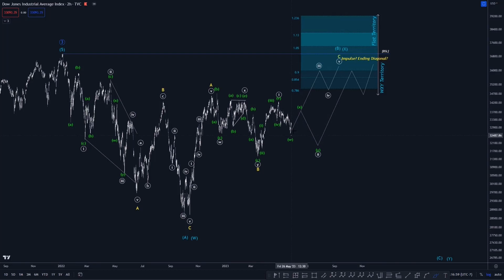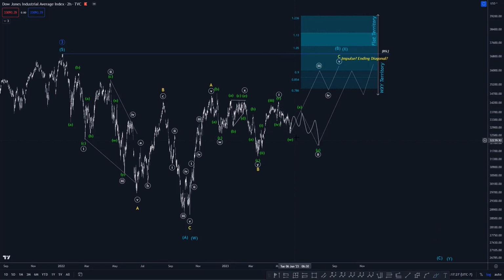If we push up in a 3-wave manner like this, and we push back down, I could actually see this almost forming as an ending diagonal. We build a large base right here, and we push up for 3, a 4 and a 5. The only issue with this is that we've got an impulse right here, and for an ending diagonal, it really has to be 3-wave moves. That's what it has to be.